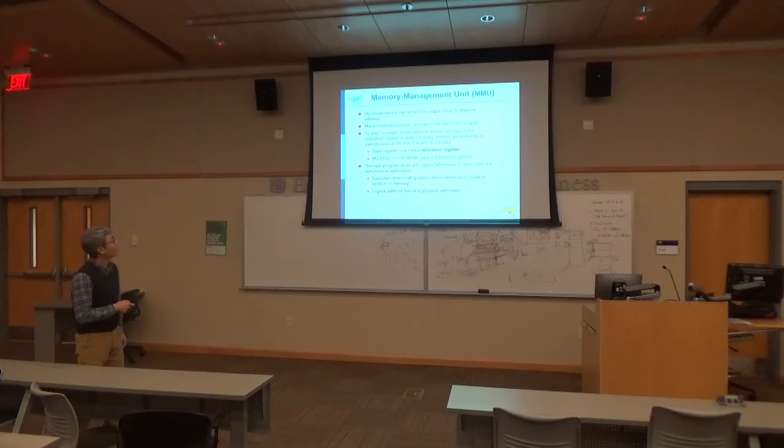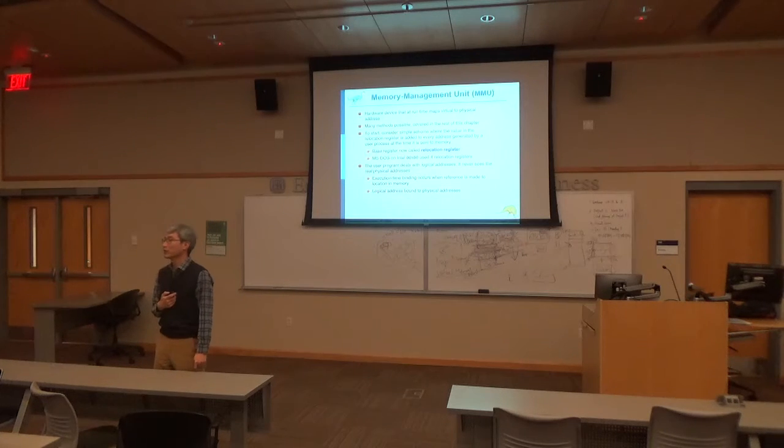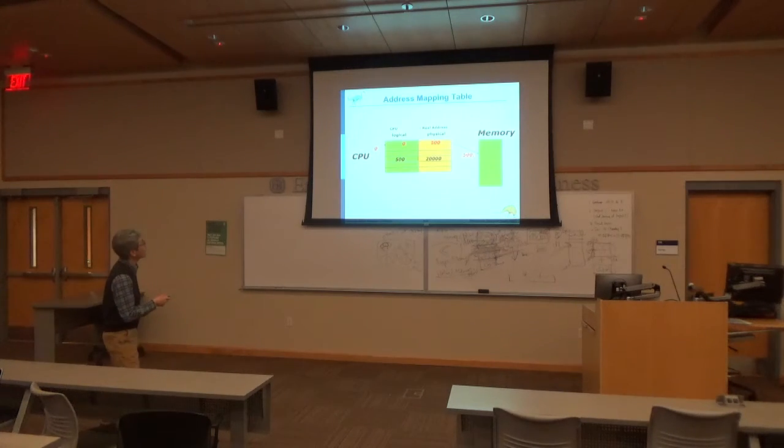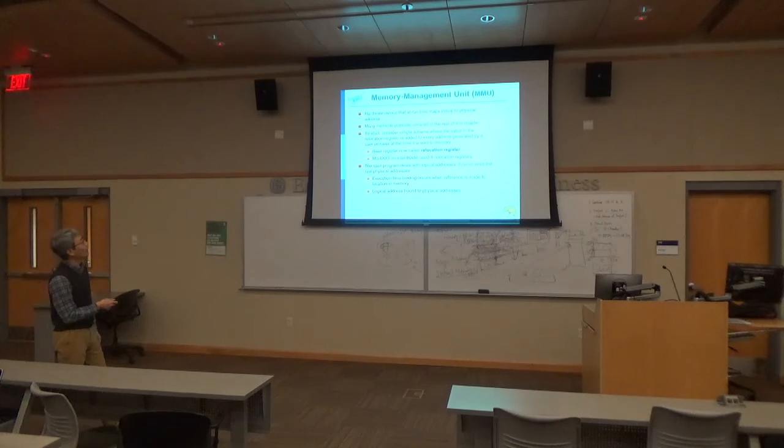Then we need to know where the table is. If we put this table somewhere in our memory, whenever we process an instruction we need to know where it is. That address is in the relocation register.